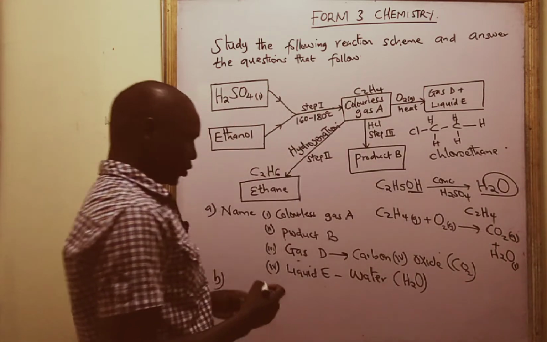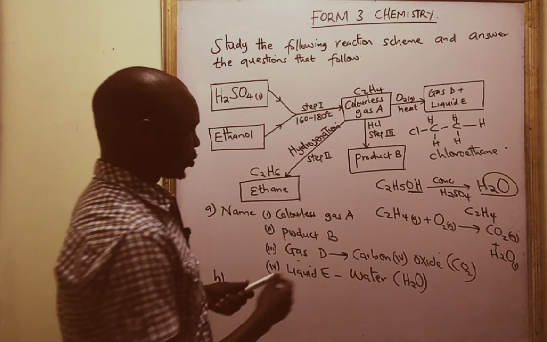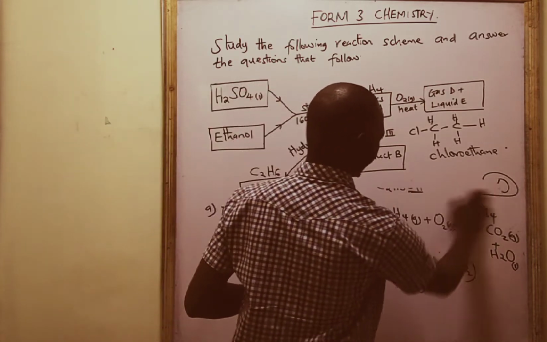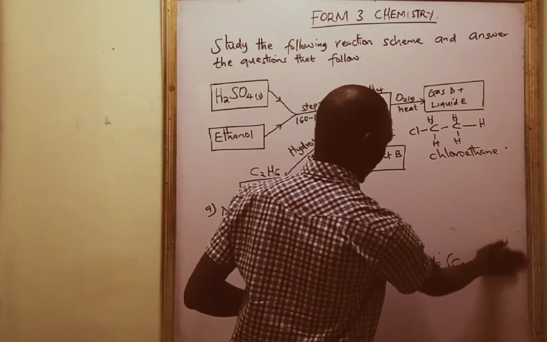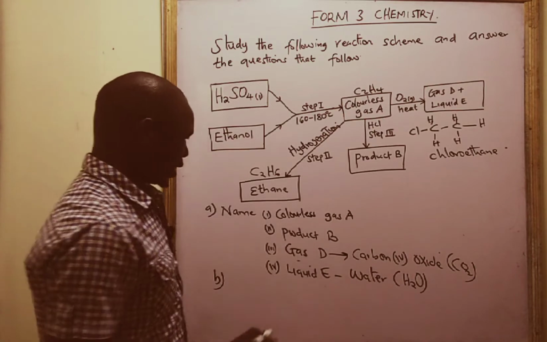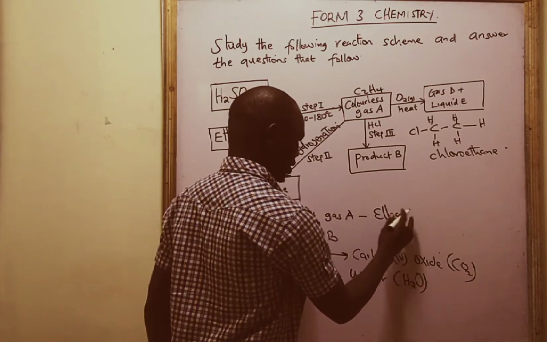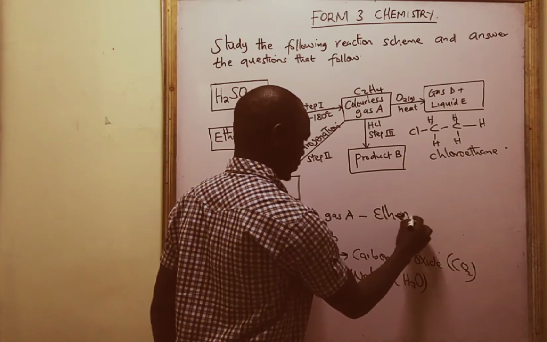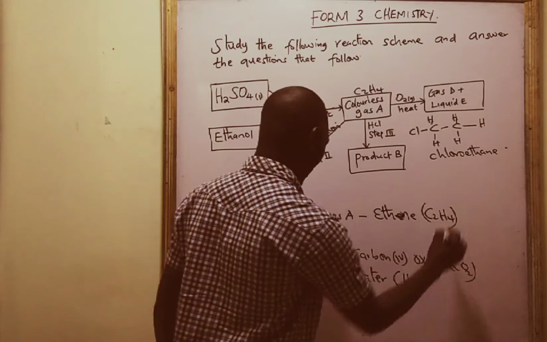So let us now go through these questions. Name colorless gas A. We have said the colorless gas A is ethene gas, C2H4.